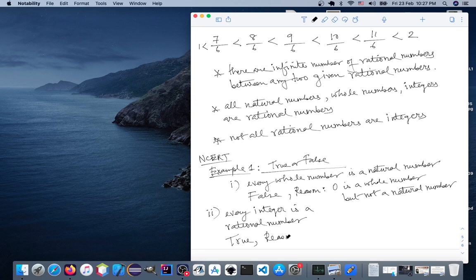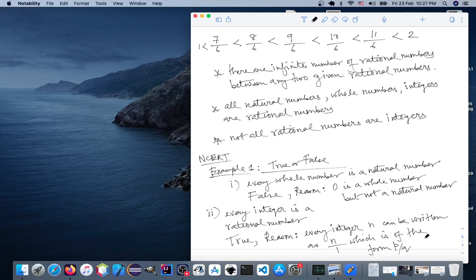The reason is every integer, let's say n, can be written as n by 1, which is of the form p by q, where q is not equal to 0.